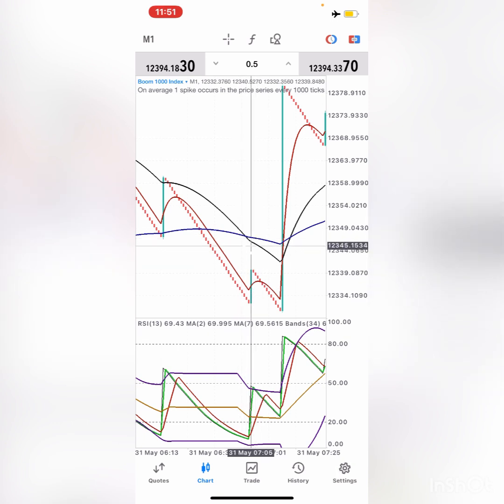As long as it remains below the black line, then the second condition has been met. And then the last condition is you want your green line to touch the top band for the Bollinger Bands, like this. And then you are going to enter your sell trade.